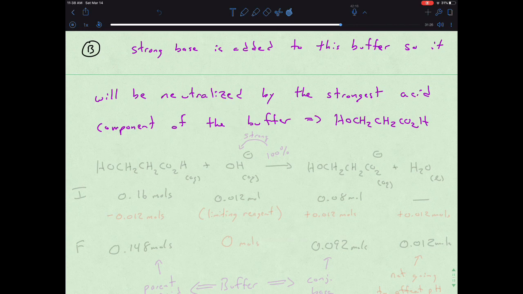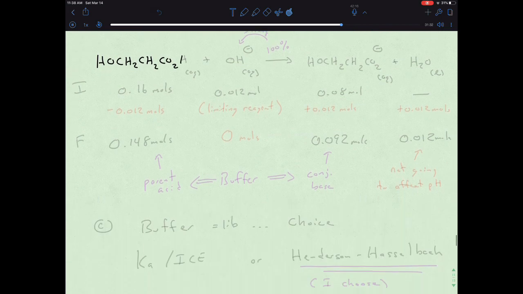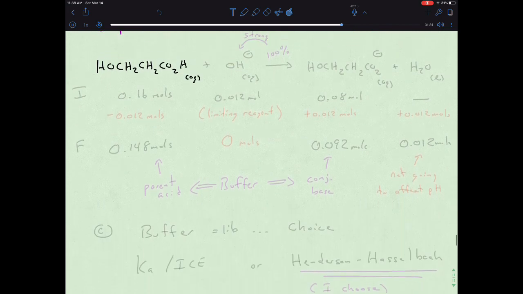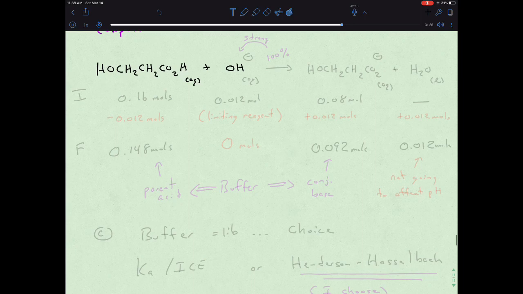So we would write this as just a general one-way reaction, that we have an acid part of the buffer. What do acids do? Well, they like to react with bases. Notice this is a one-way arrow. This is not an equilibrium. And when they react with one another, we would produce glycolate as a product, and then also H2O.